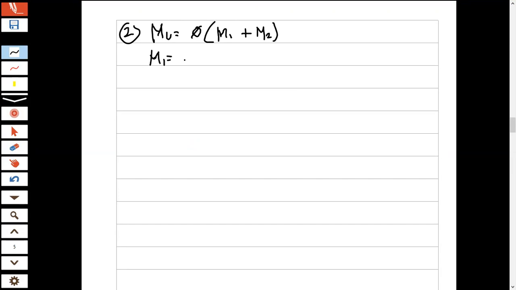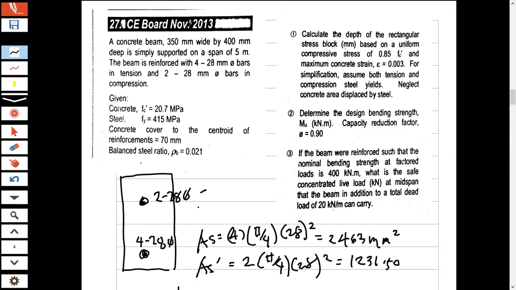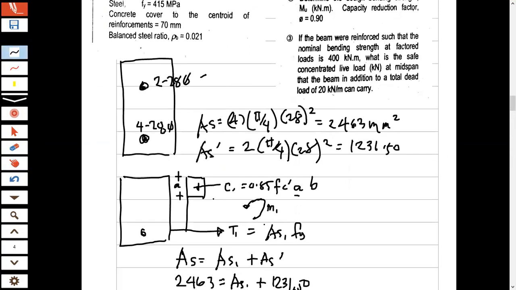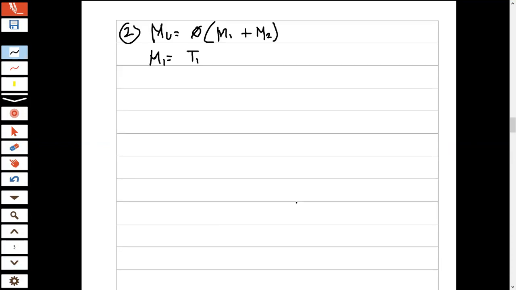We can use T1 na nakalculate na natin kanina. So you have your M1 is equal to T1 times d minus a over 2.